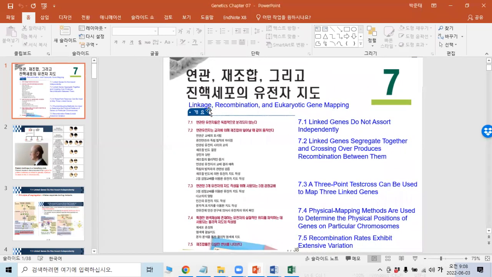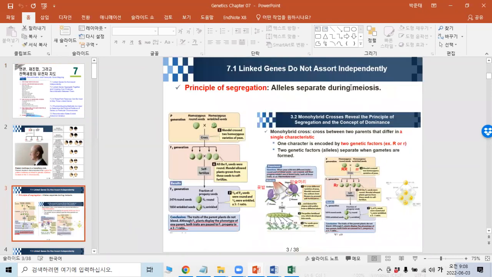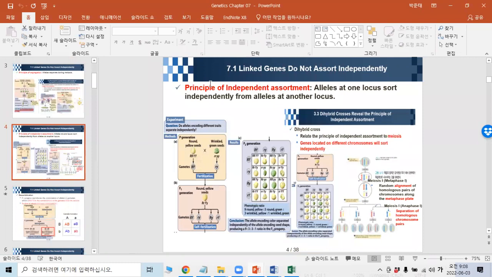Chapter 7 is linkage and recombination and eukaryotic gene mapping. Chapter 7 is composed of 5 subjects. Let me see some details. Previously we learned the principle of segregation, and also the principle of independent assortment.